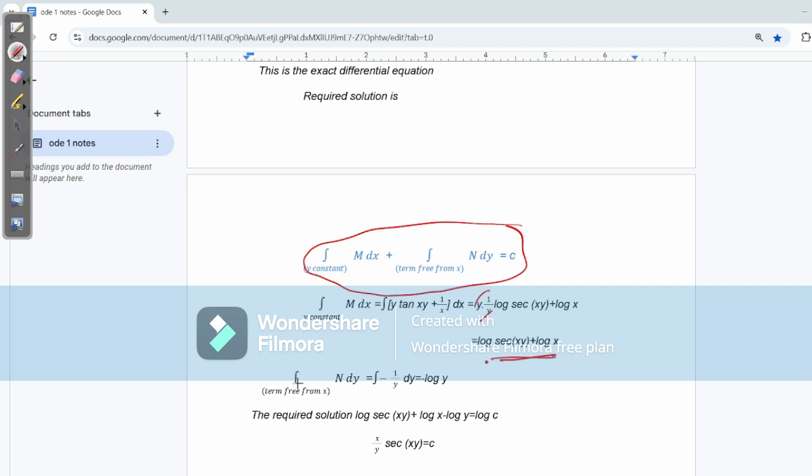This is the value of m. Now integral n dy equals integral of minus 1 by y dy, that equals minus log y.